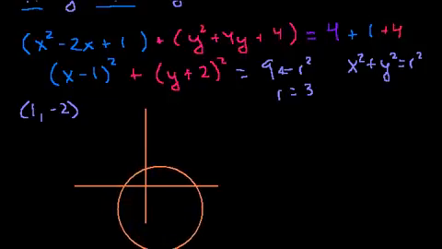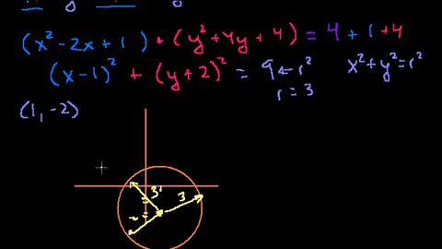As center, let's try my best, is going to be at 1, and then you go 1, 2. That's its center, right there at 1, minus 2. And then its radius is 3. So this distance right here is 3 in any direction. It's 3, and that is 3.